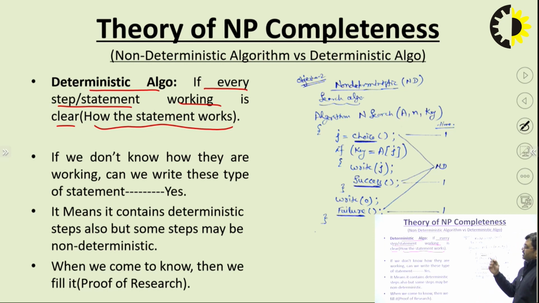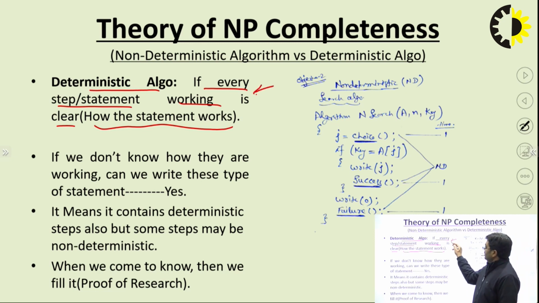If we have an algorithm with, let's say, 10 steps, and the working of every step is clear, then we can say that this is a deterministic algorithm.